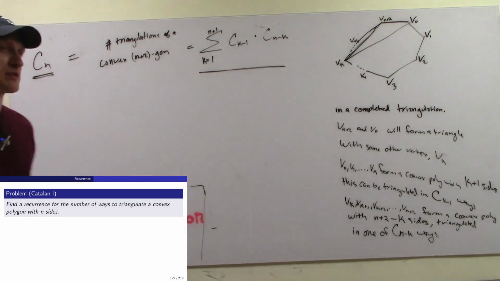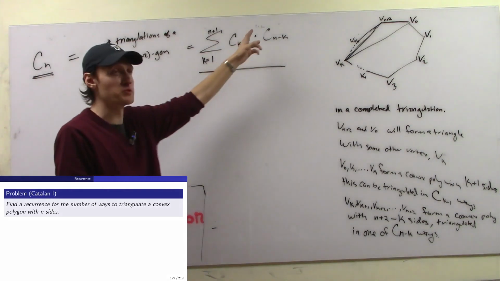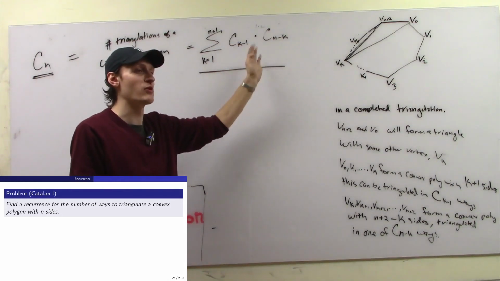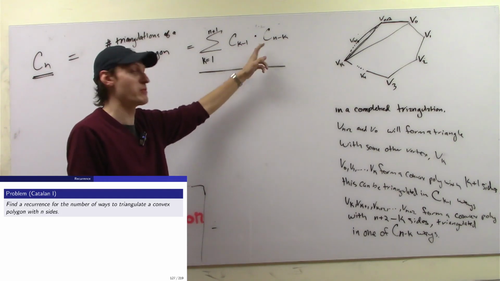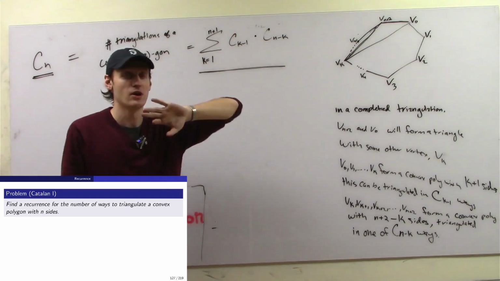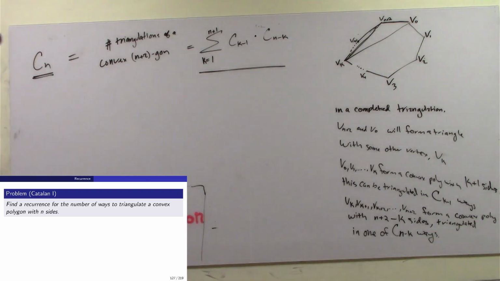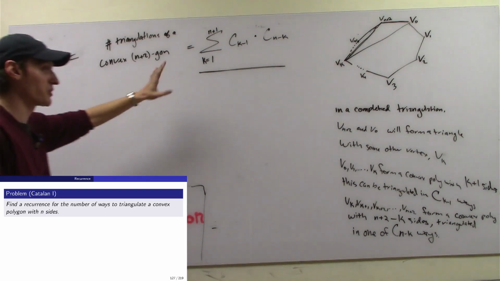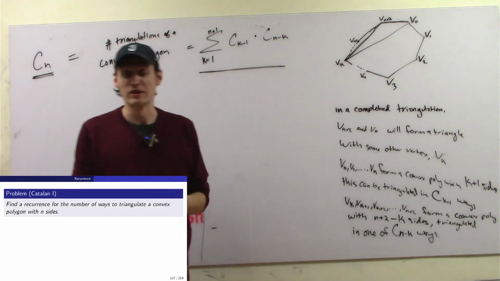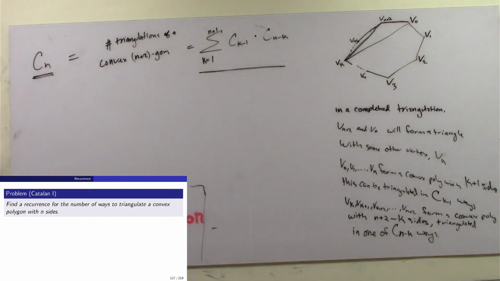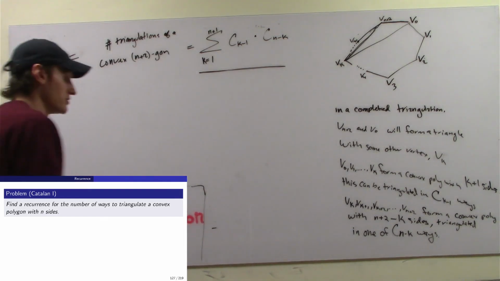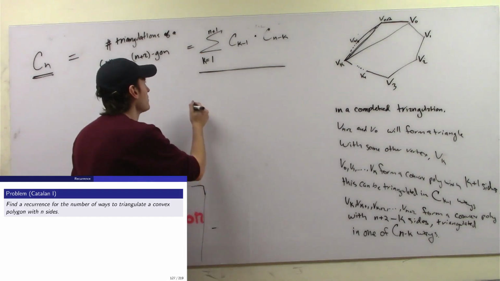So every other recurrence we've had before has maybe had terms multiplied by numbers, or maybe they're on their own. Here we have a sum of a bunch of terms that are products of terms in our recurrence. So this is much more complicated, but it ends up having a nice closed form that maybe pops out later on. We won't dally with that. And I will say, if you want to, you can re-index this.